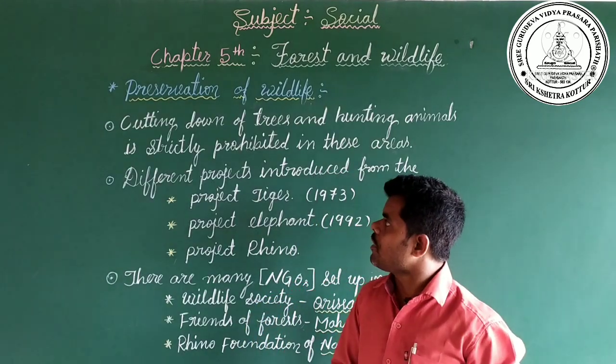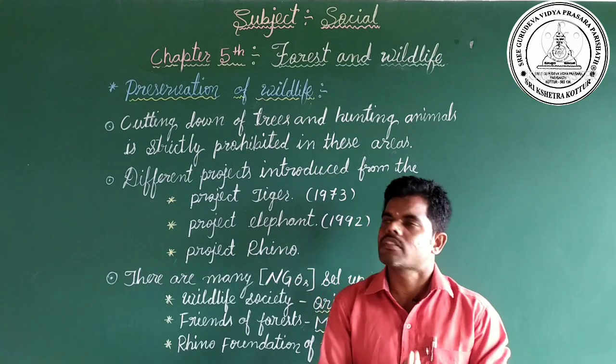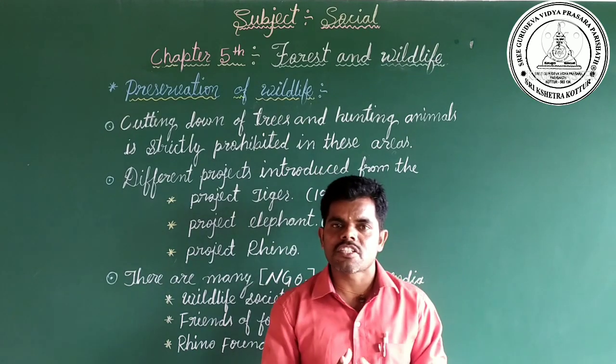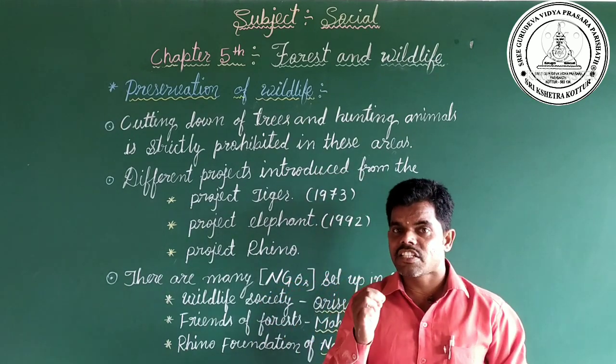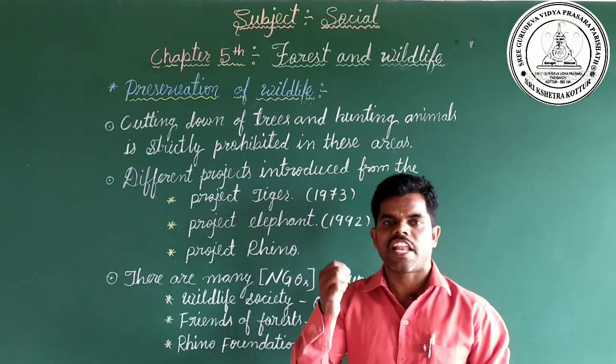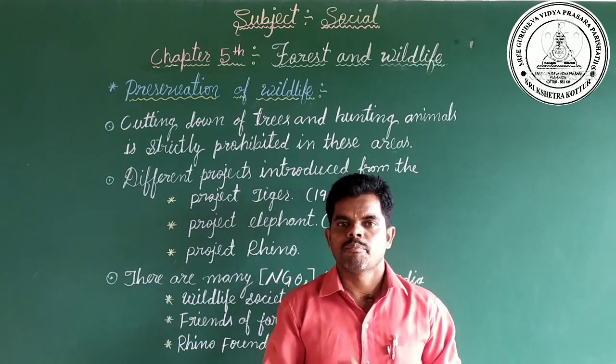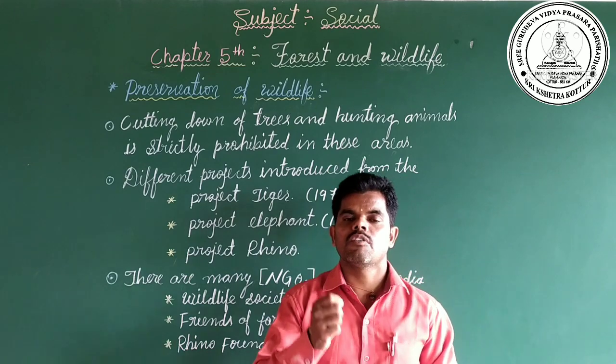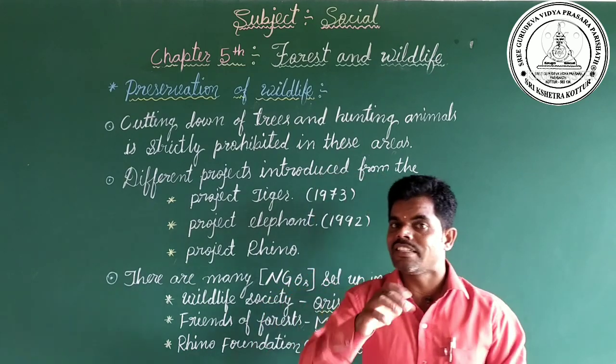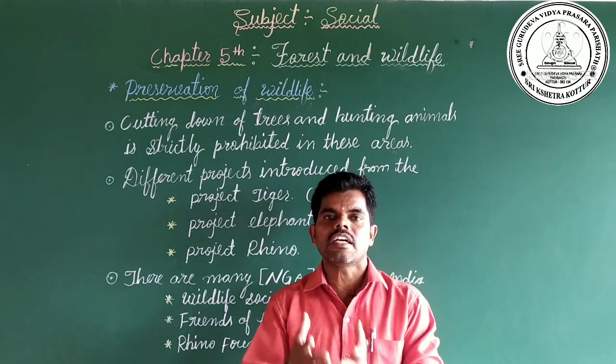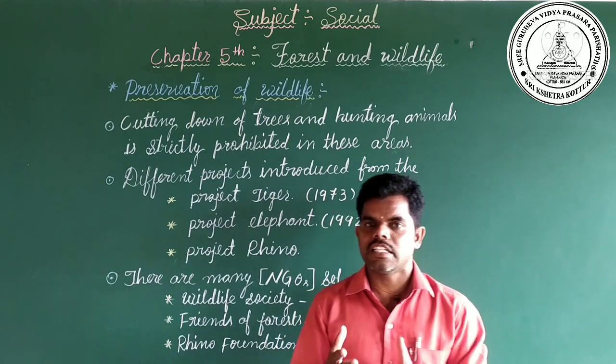And the next point is that cutting down trees and hunting animals are strictly prohibited in the restricted areas: the national parks, bird sanctuaries and even biosphere reserves.